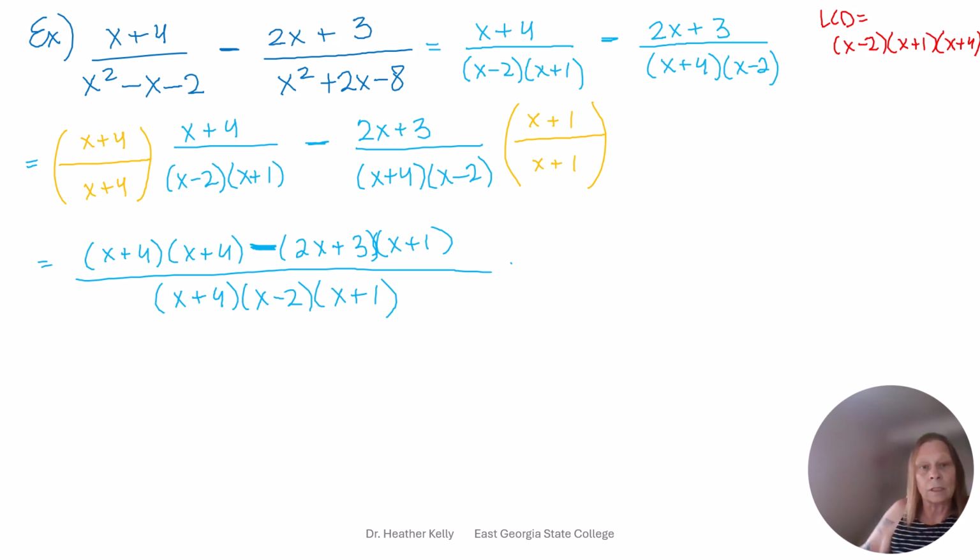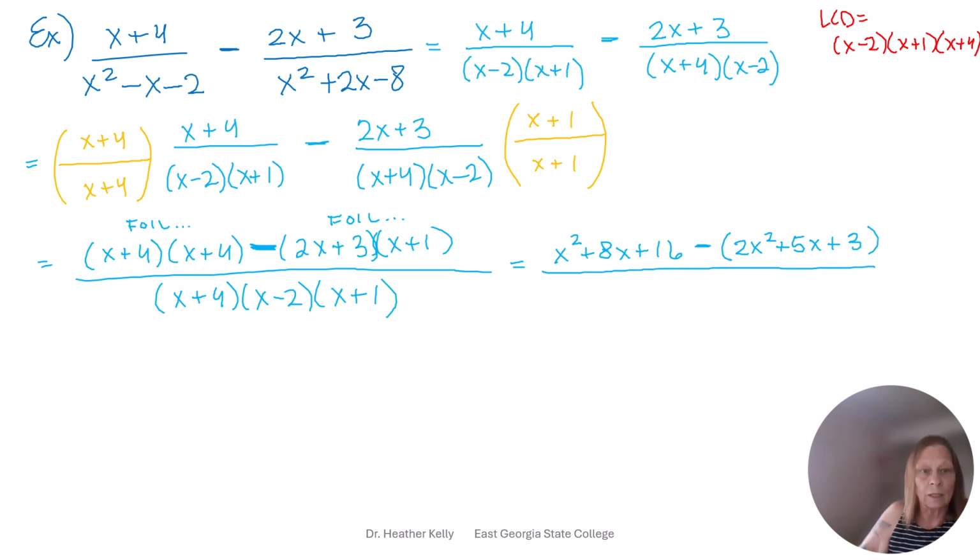Okay, so let's see what we've got here. So when we FOIL this, right, that's what you know how to do, FOIL. So this becomes x squared plus 8x plus 16 minus, and this is 2x squared plus 5x plus 3.